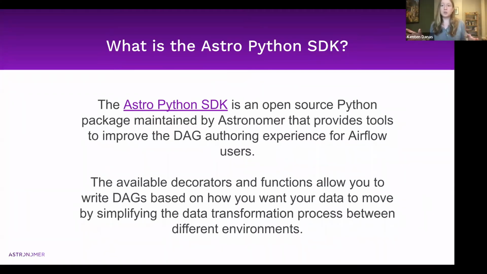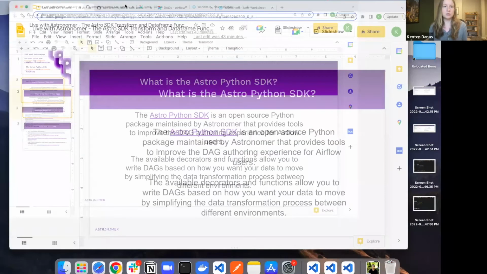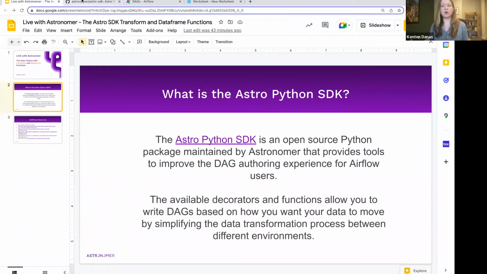They reduce the amount of code that you have to write and make it a lot easier to interact with Airflow, especially for new Airflow users, and to move data around and transform it without a lot of boilerplate code. So that's what the functions we're going to talk about today do. With that, I'm going to jump right into the code.